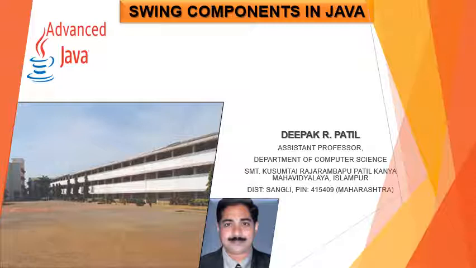Swings can be regarded as more graphically rich than AWT, not only because they provide some entirely new graphical components, but also due to the fact that some of the conventional AWT components have been enhanced, like buttons with both images and text.